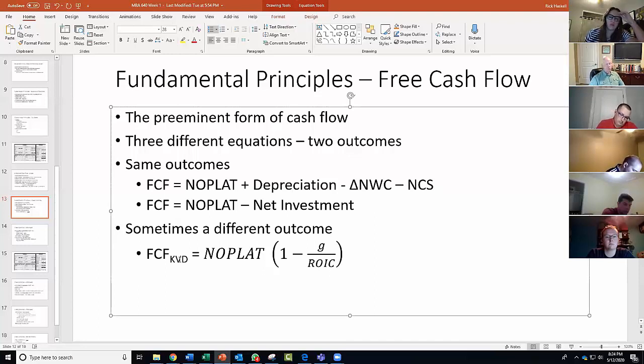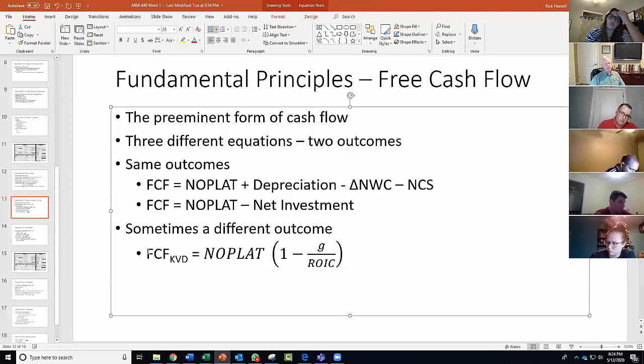However, there's a 3rd equation. We refer to this as the KVD, or key value driver equation for free cash flow. And that is NOPLAT times 1 minus g, or long run growth rate, divided by ROIC, or return on invested capital.